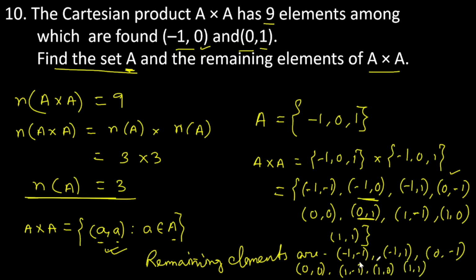So 1, 2, 3, 4, 5, 6, 7, and 2 elements are given. So the 7 elements are listed here.